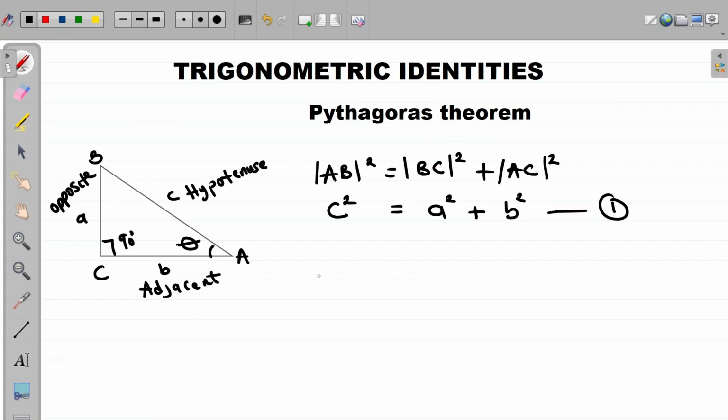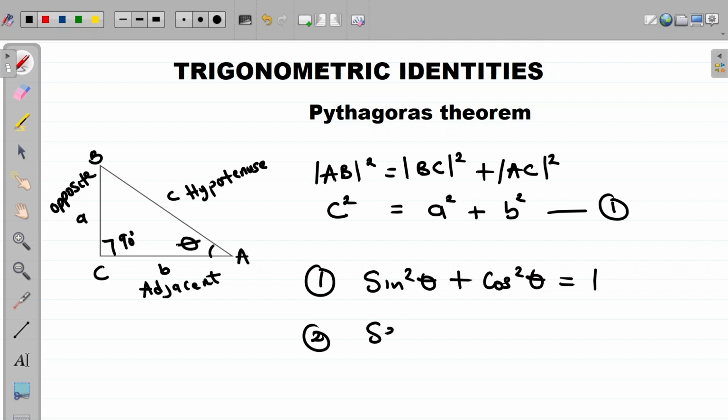Thus, from Pythagoras theorem, we were able to obtain that sine squared theta plus cos squared theta is equal to 1. Sec squared theta is equal to tan squared theta plus 1.